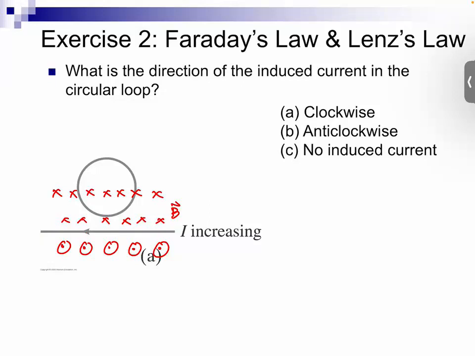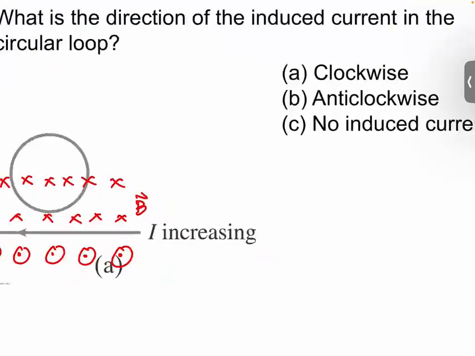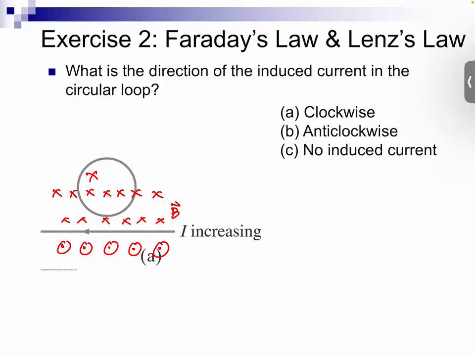Right? So when the current increases, what happens to the magnetic field crossing the loop? The magnetic field should also increase, right? So if your current is increasing in the wire, the magnetic field through the loop will increase. You'll have now more magnetic field lines crossing the loop.